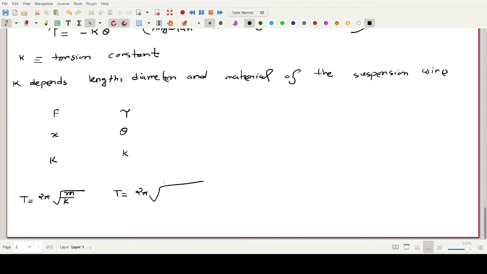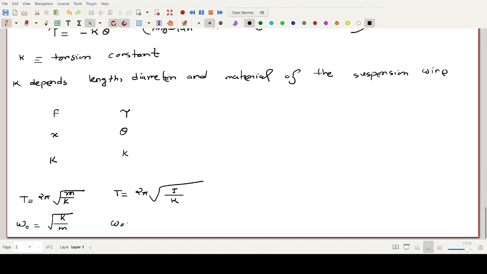Moment of inertia I divided by torsion constant kappa, under the root. The angular frequency for the spring mass system is root over K by m.